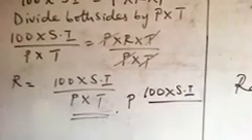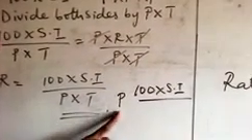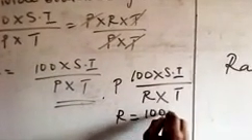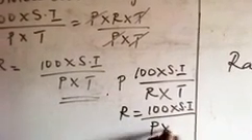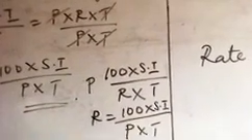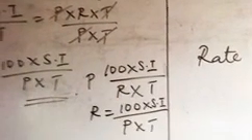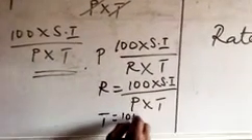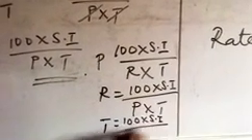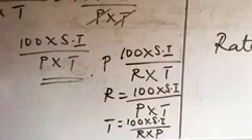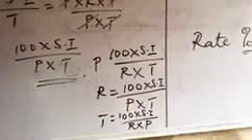The tweak is, if you are looking for principal, it is 100 times simple interest over rate times time, and if you are looking for rate, it should be 100 times simple interest over principal and time. The basic fact is that what you are looking for will never appear under there, so that is just a shortcut to the formulas. And if you are looking for time, it will be 100 times simple interest over rate and principal, in whichever order you like. So that is the shortcut to the formulas.